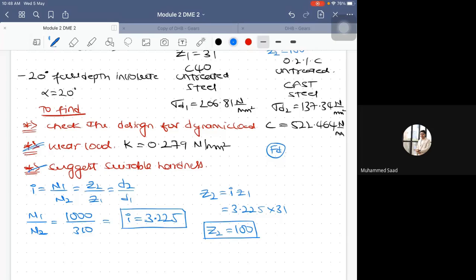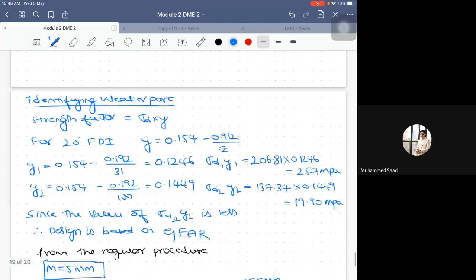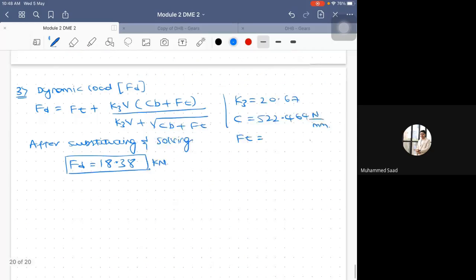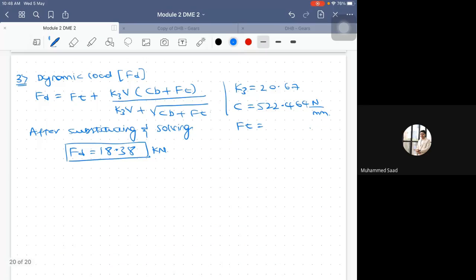Very good. So this particular dynamic load, I have to check whether it is right or wrong. For that, I have to calculate endurance strength. Why are you calculating this?